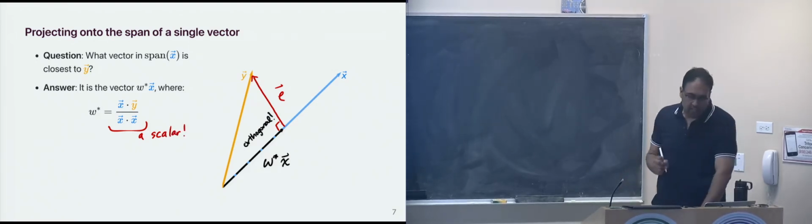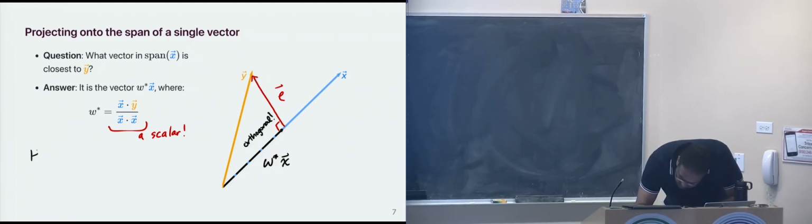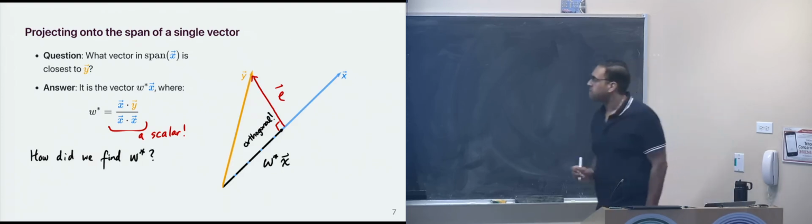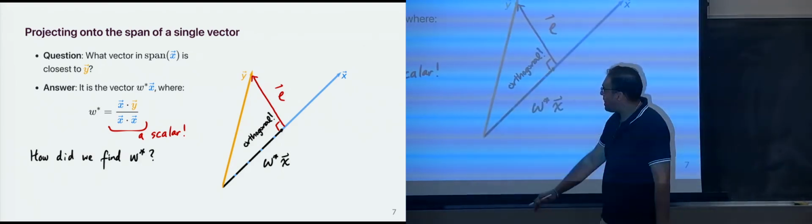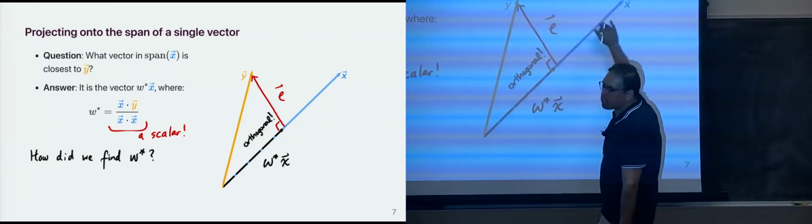How did we find this scalar? Well, we said, hey, the w star I want to use is the one that makes the error vector orthogonal to x.